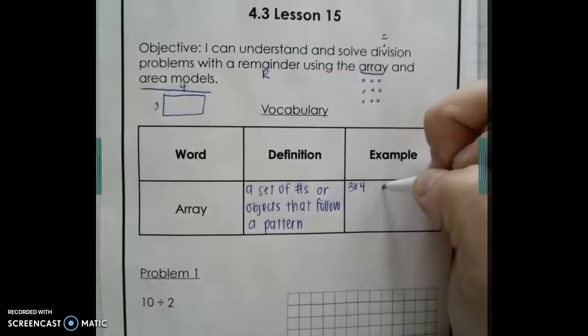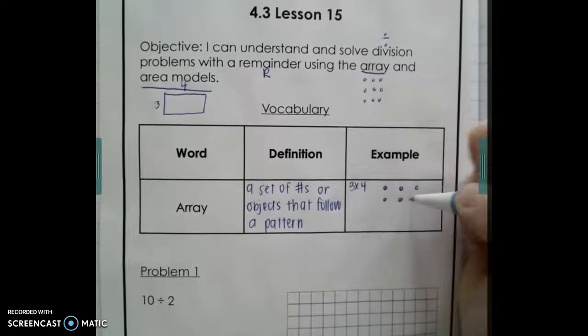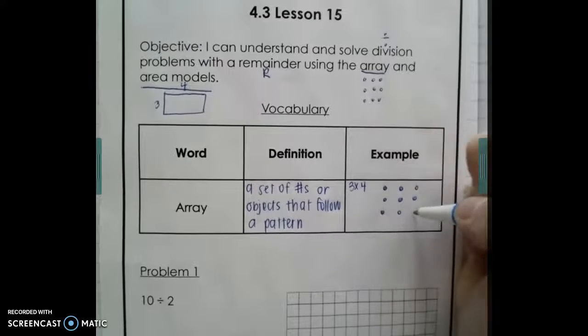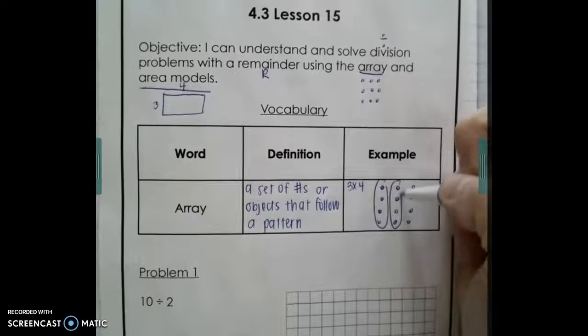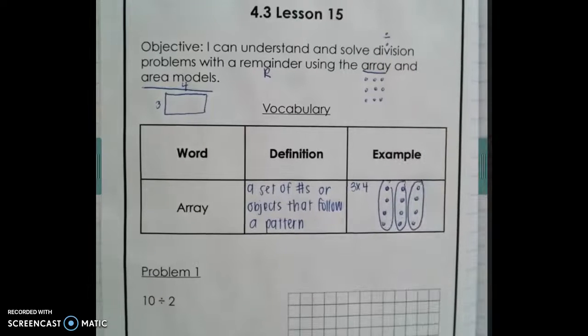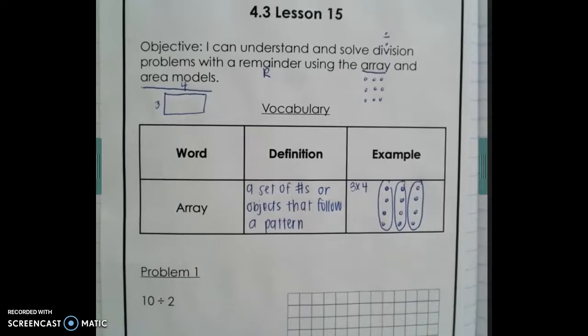My array would look like this: 1, 2, 3, and I would have 4 in each of my groups. So this would be my array, and I would find it equals 12. So that's what we're going to be using today along with an area model. Take a minute, jot that down, and then I'll meet you on problem number 1.